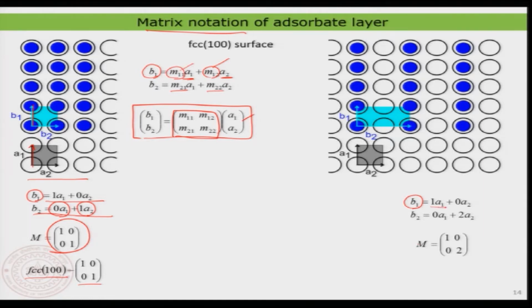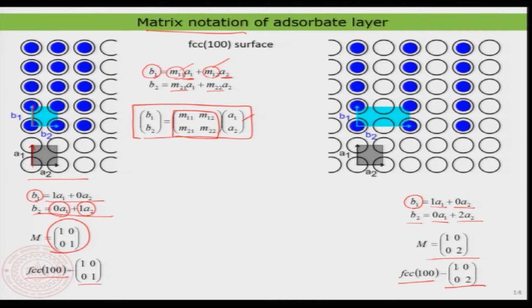So B1 is 1 A1 plus 0 A2, and B2 is 0 A1 plus 2 A2. That means the matrix is (1 0; 0 2), and I can write down the name of the surface as FCC 100, then (1 0; 0 2).